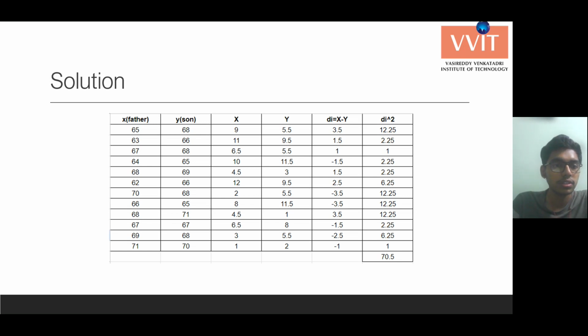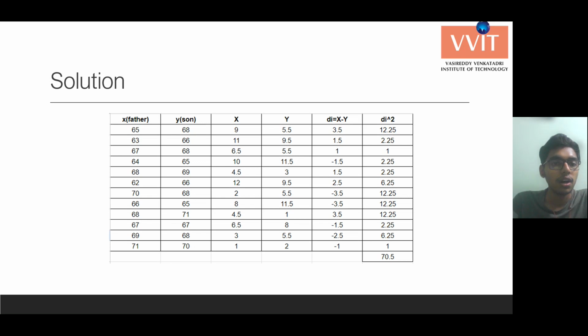After that 68 is the next highest, but there are two 68s, so we have to use the average system. The next ranks are 4 and 5, so 4 plus 5 by 2 is 4.5. The rank 4.5 is given to both the 68s.